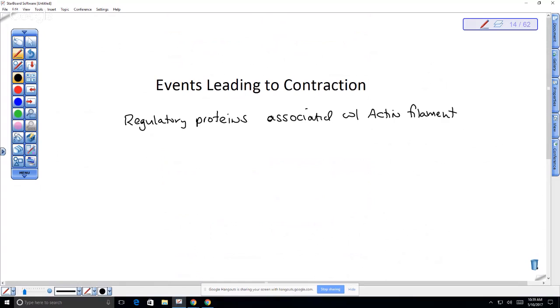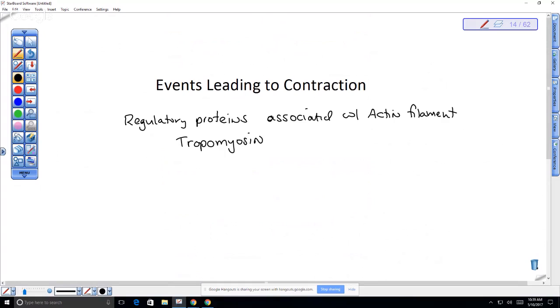The first one is a protein called tropomyosin. So this is another protein separate from the actin and the myosin called tropomyosin.